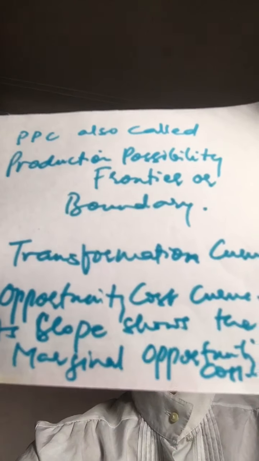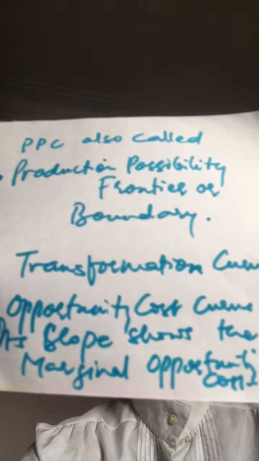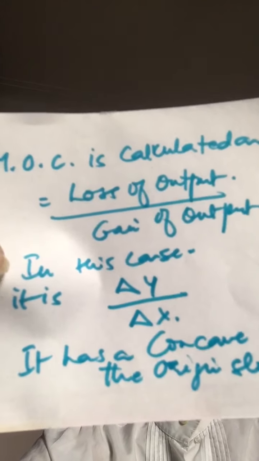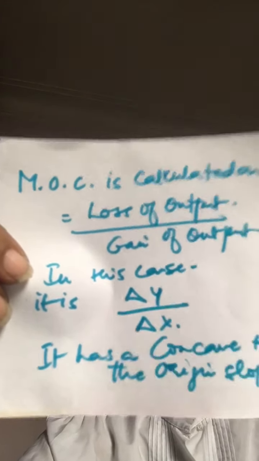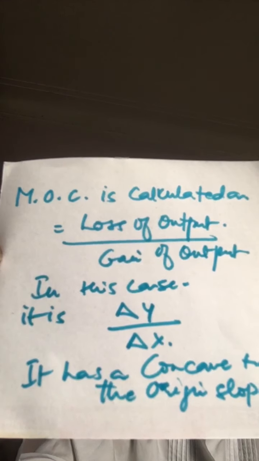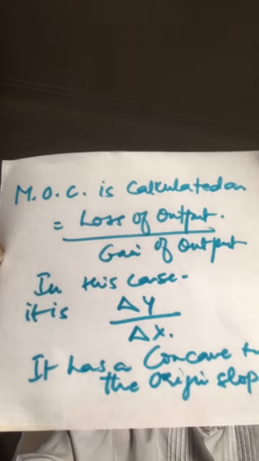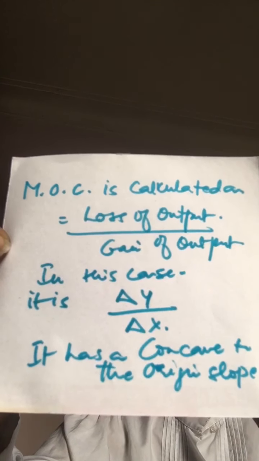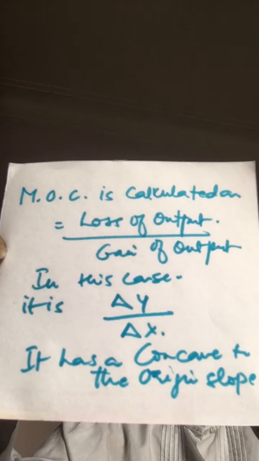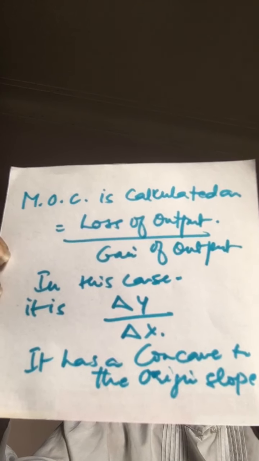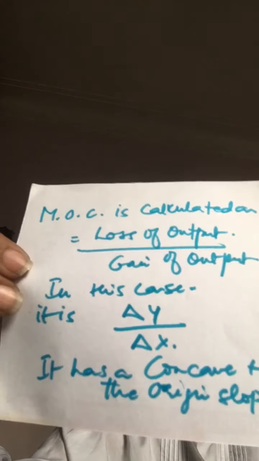And again, I have mentioned something known as marginal opportunity cost. So what is that? How do we calculate this? Marginal opportunity cost is calculated as the loss of output upon the gain of output. That loss is shown on the y-axis, so change in Y, and the gain is shown on the x-axis, so that is change in X. MOC measures the slope of the production possibility curve.